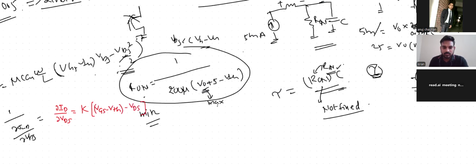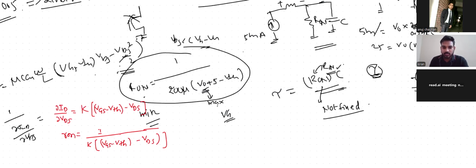So R on boils down to 1 upon some K times Vgs minus Vth minus Vds. Is this Vds always ignorable or not? Not ignorable. Only whenever Vds is much less than Vgs minus Vth can we ignore it.